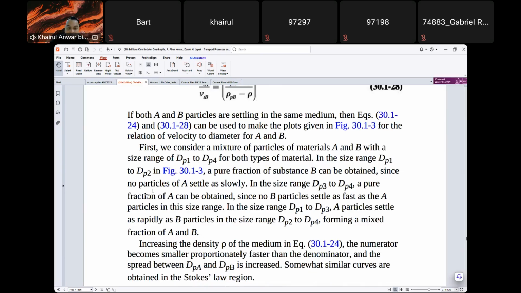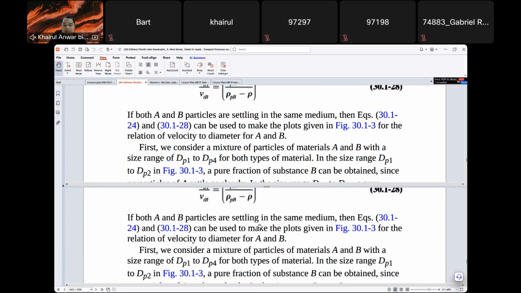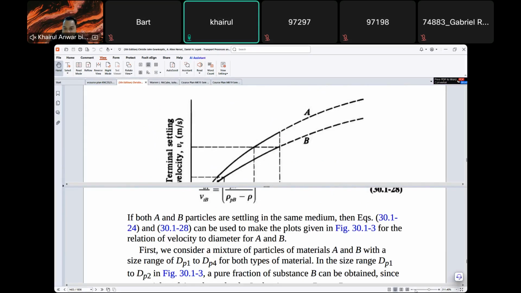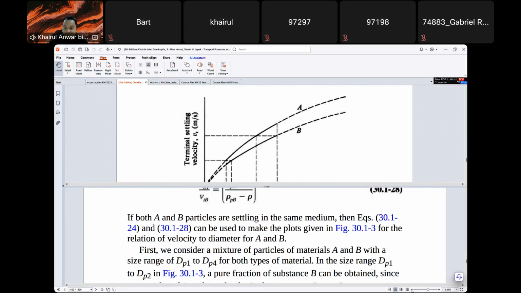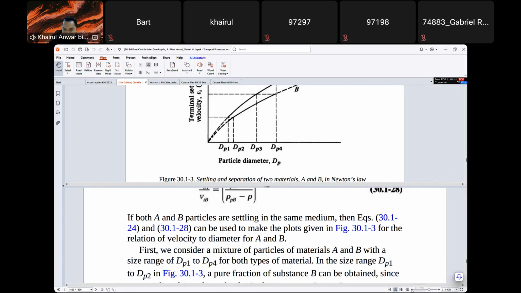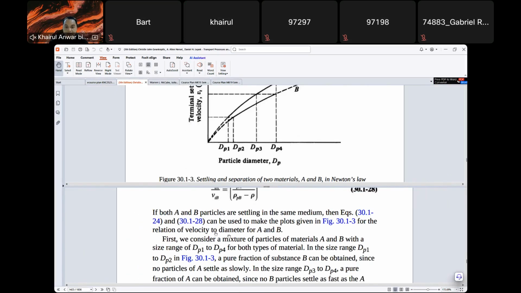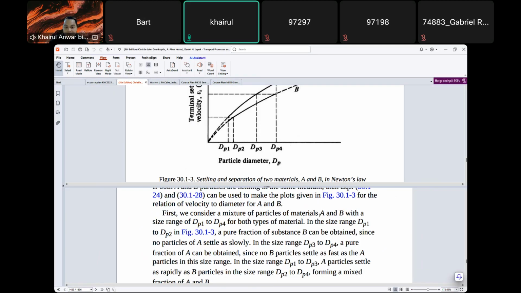This needs to refer to figure 30.1-3. In the size range DP1 to DP2, a pure fraction of substance B can be obtained since no particle A settles as slowly.